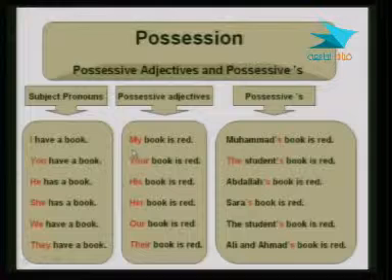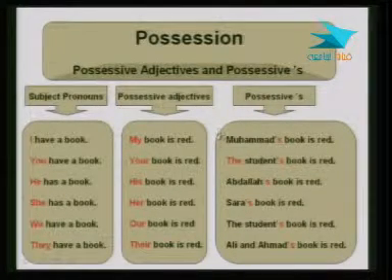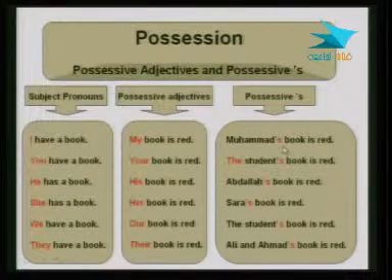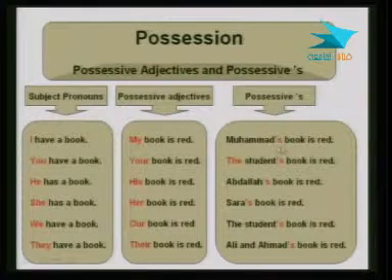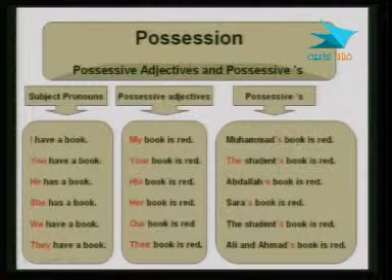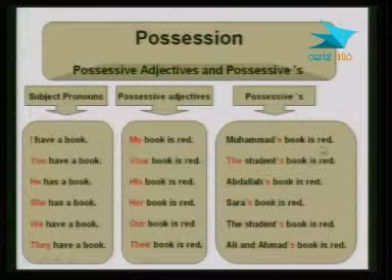So I have a book, my book is red. And here notice we can say, instead of saying the book of Muhammad is red, we say Muhammad's book is red. That means this book belongs to Muhammad and it is red.